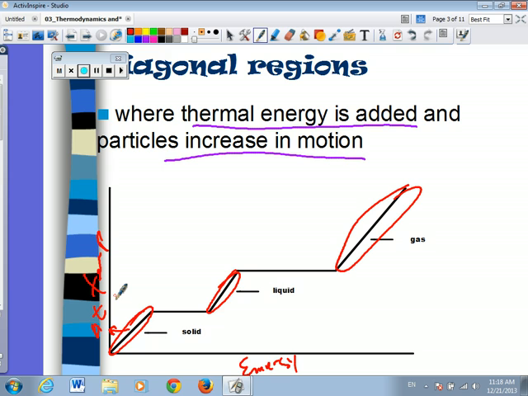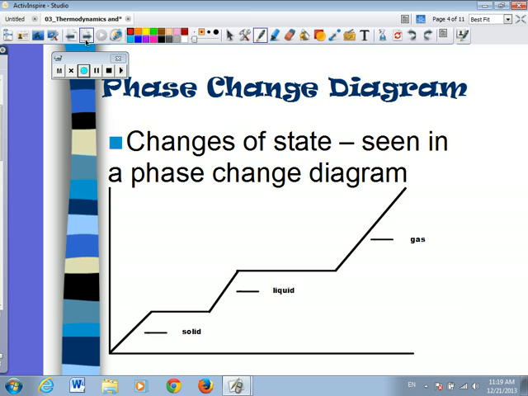As you increase energy during these diagonals, the solid here is increasing temperature, the liquid here is increasing temperature, the gas here is increasing temperature. So on the diagonal regions, as you increase energy, you're increasing temperature.